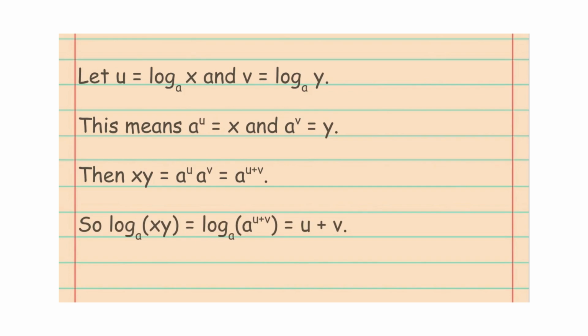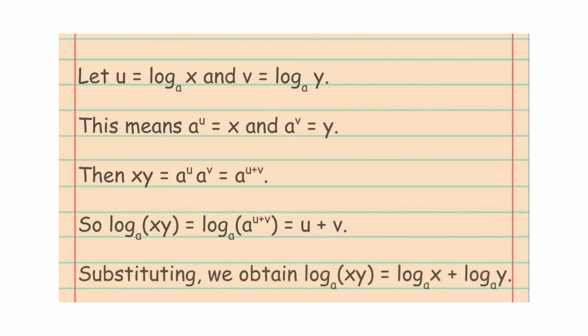I'm going to apply a logarithm to both sides of the equation, xy equals a to the u plus v. If I do, I get log base a of a to the u plus v. That allows us to use an inverse property of logarithms, which would yield u plus v. Again, if you're not sure why we were able to do that, refer to the video in the description.